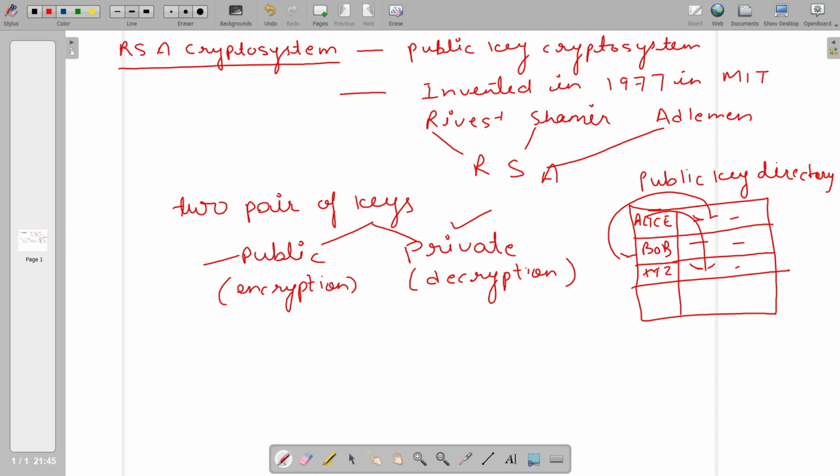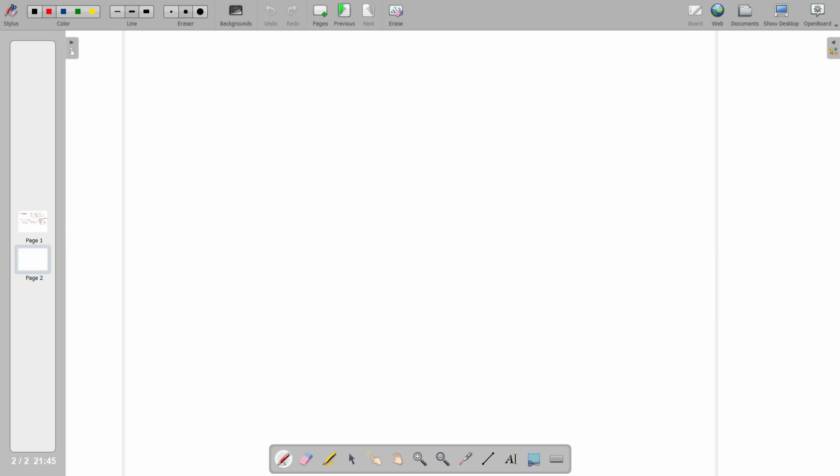Now let's say we have Alice and Bob, and Alice wants to send some message to Bob. What will Alice need? Alice will need Bob's public key, so that Alice can encrypt the message using Bob's public key.